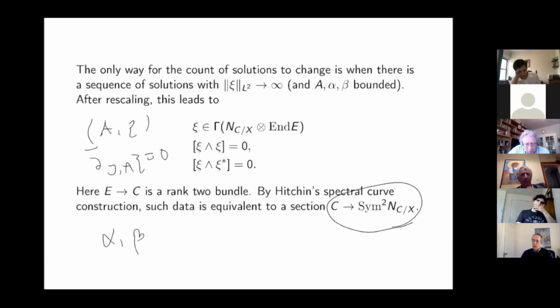A section of the symmetric product also gives you a double cover. Just the graph of that is a branched double cover, and alpha and beta then correspond to solutions of the vortex equations on C twiddle. So it's essentially a divisor on C twiddle. So this pair gives you a branched cover, and alpha and beta give you a divisor on C twiddle.